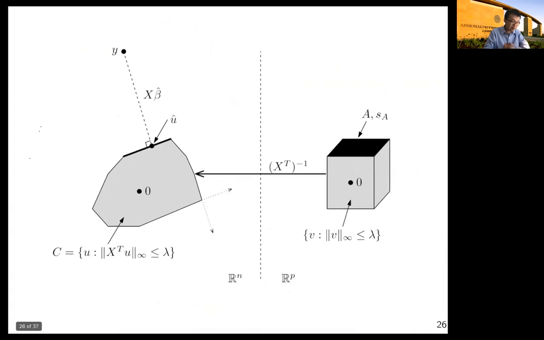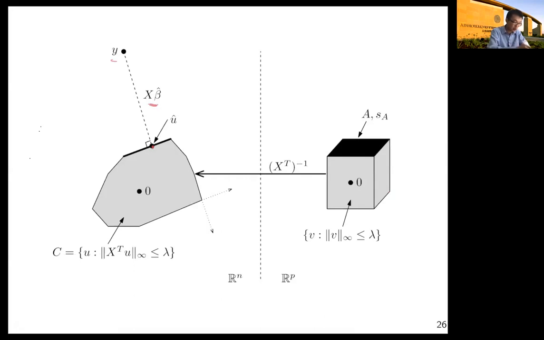So you can think about this as follows. At the solution beta hat, u hat is the residual between y and x beta. So this is a difference.